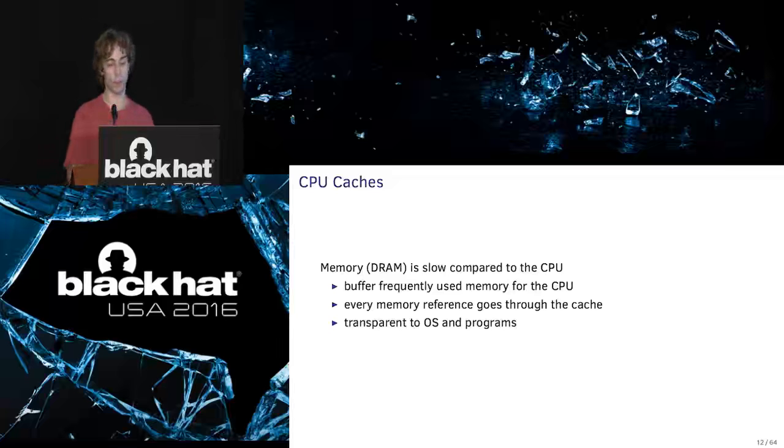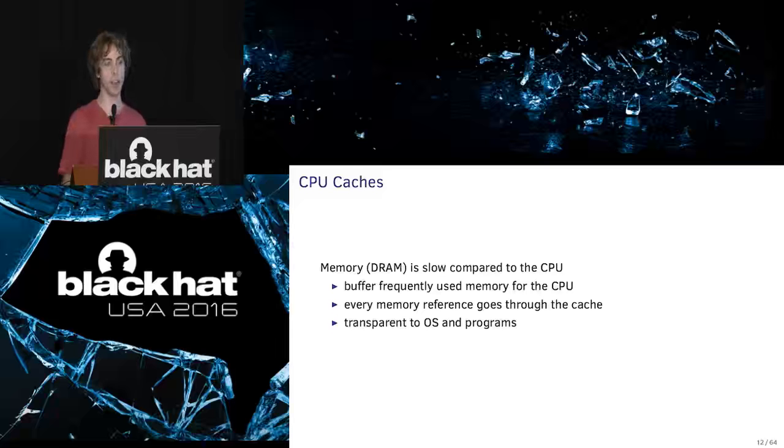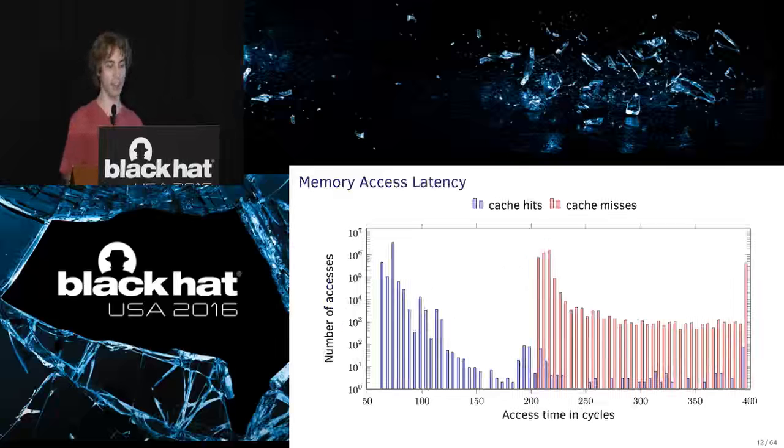The idea is to buffer the frequently used memory in the CPU in some smaller but faster memory locations. Every memory reference that any program in your system does goes through the cache usually, and it will be fast because it's buffered in the cache. The cache is entirely transparent to the operating system and programs, so you won't notice that the address is actually cached, except for one artifact, and that is the access latency.